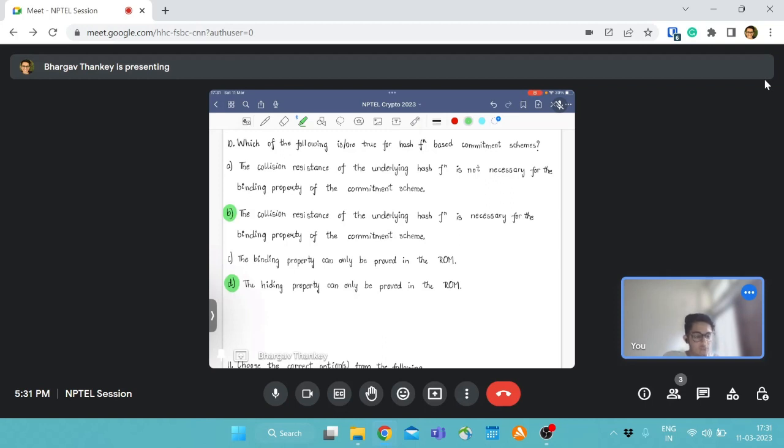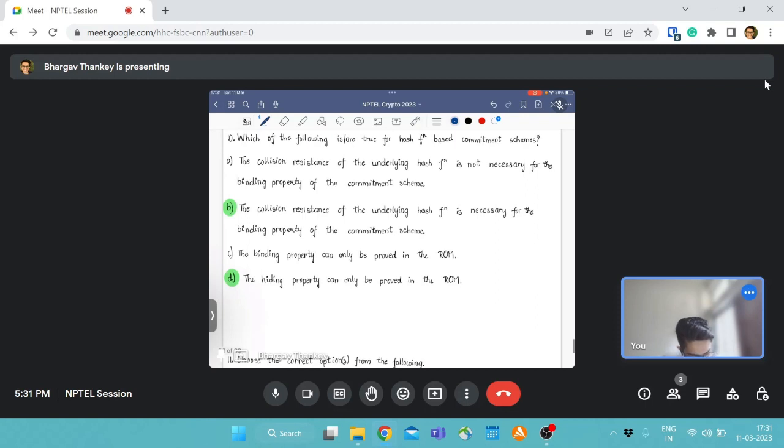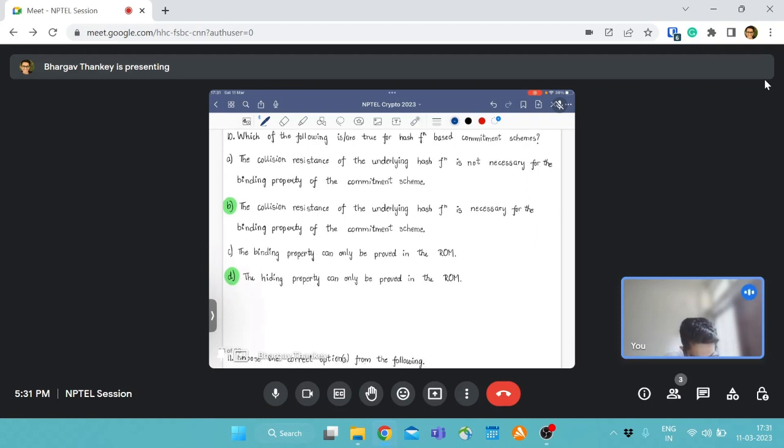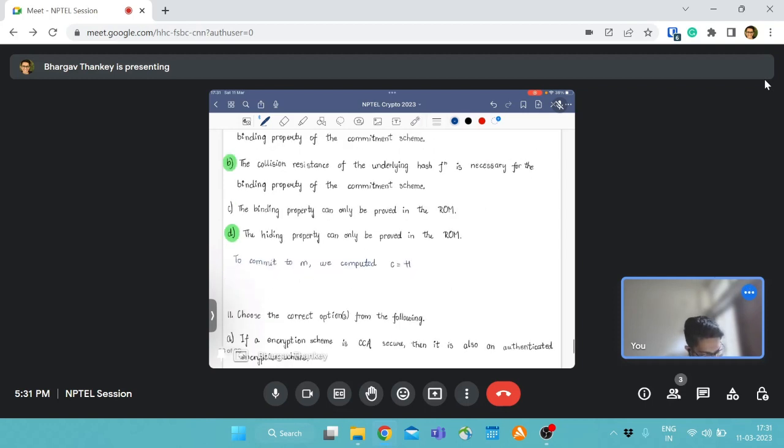If you recall, what did that commitment scheme do? To commit to M, we computed C equals H of M concatenated with S. Here H is the underlying hash function.